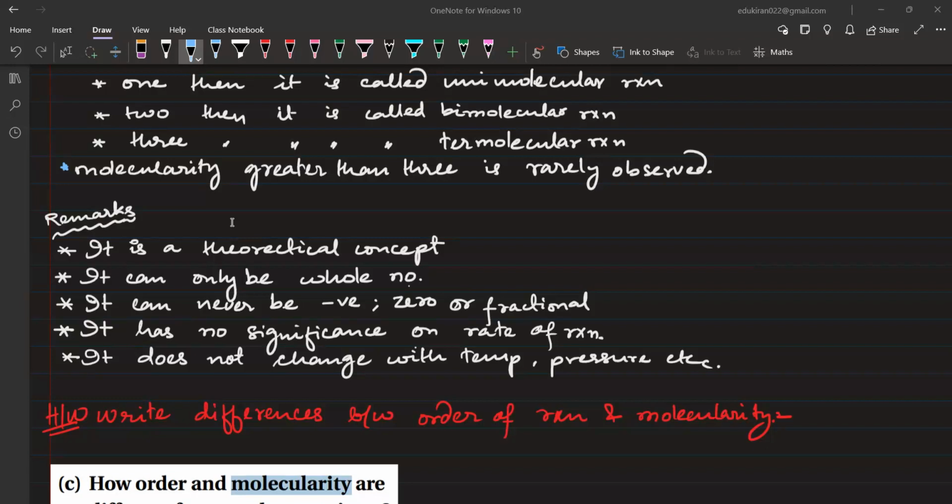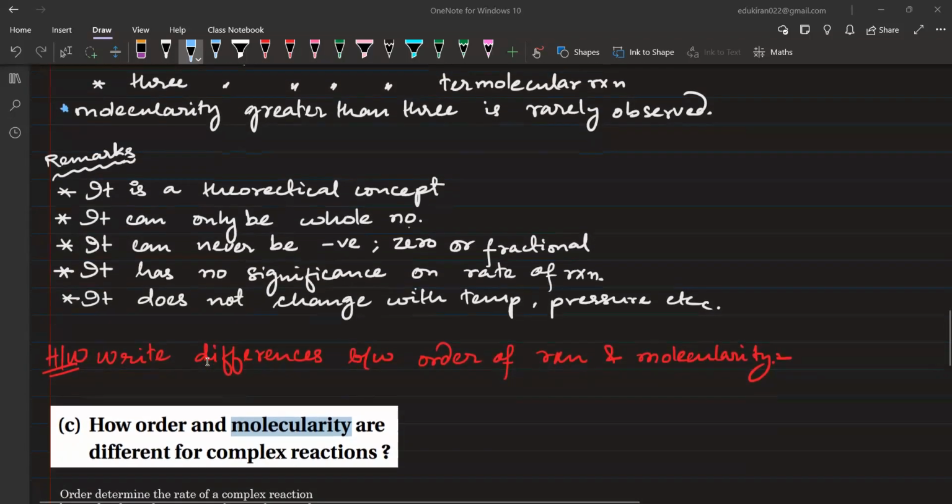It has no significance on the rate of reaction. It does not change with temperature and pressure, because it is theoretical, so it cannot change with any experimental factor. Now these are the differences between order of reaction and molecularity. You will compare the remarks of molecularity and the remarks of order of reaction from the previous class. You can write it from there.